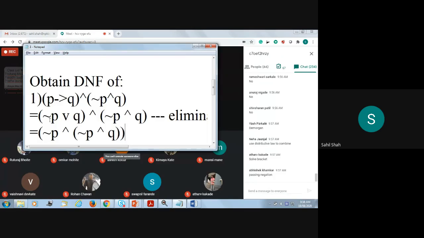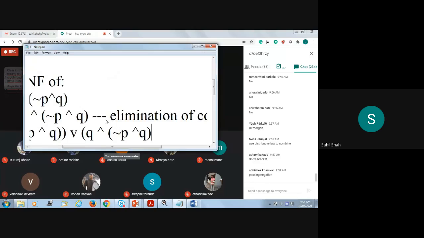So I have taken negation P conjunction this whole bracket using law of distribution. Or comes outside. Next is what? Now we are left with the second term Q conjunction, negation of P conjunction Q. Bracket complete.